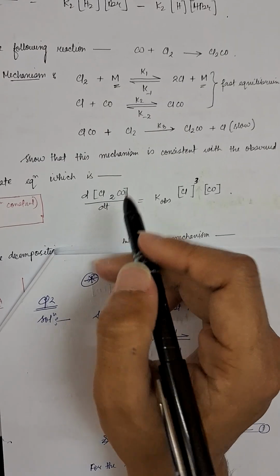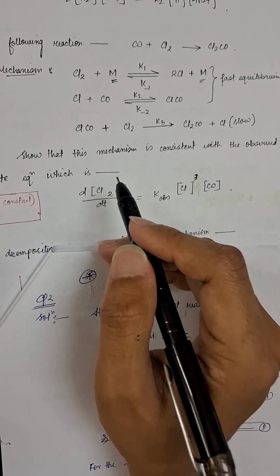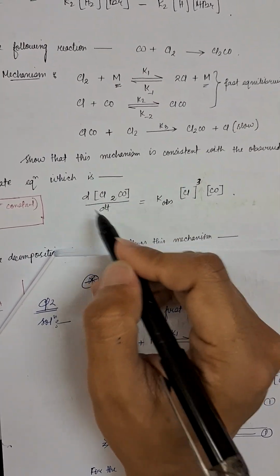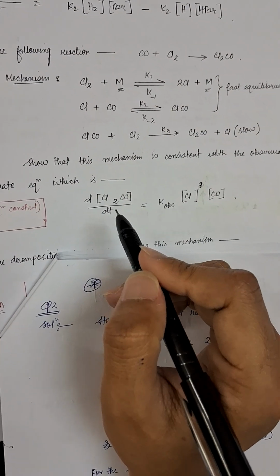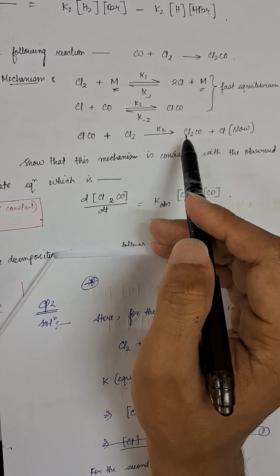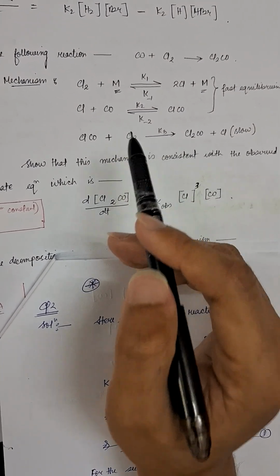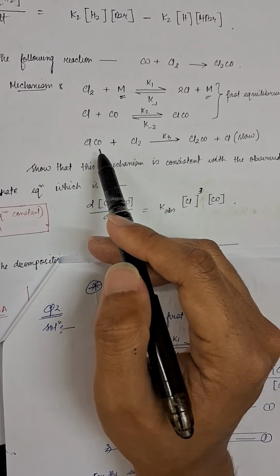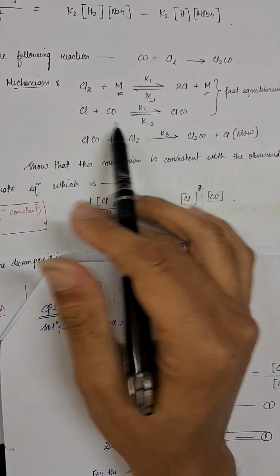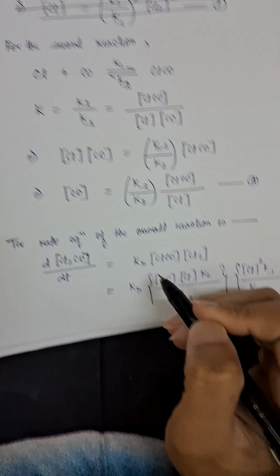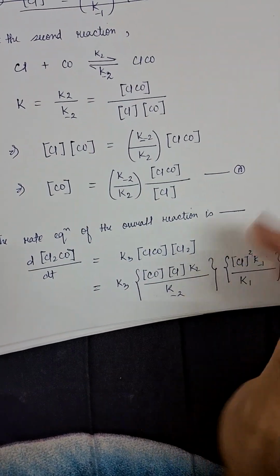Just remember that it will be given in the question, okay. In this case we are given to find this one, so just write this one. For this we know that this one is forming this reaction, so write K3 into ClCO into Cl2, like this one which I had written here.